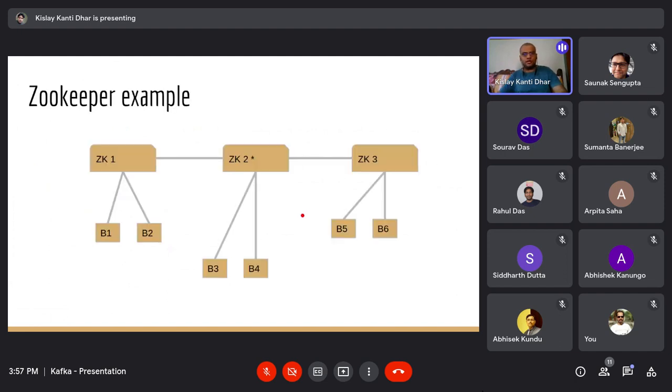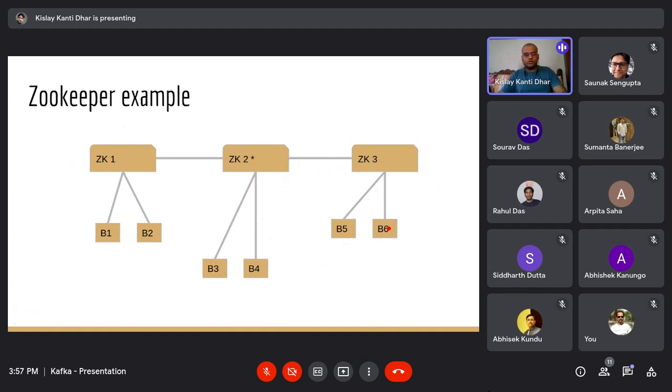You can see this kind of graph. These are brokers, broker one, two, three, four, five, and six, and these are Zookeepers, and this one becomes the leader. If you see it, this is a graph, and hence if you connect to one broker, you can get all brokers. If you connect to B4, you can get B3, and you can also get B1 and B5.